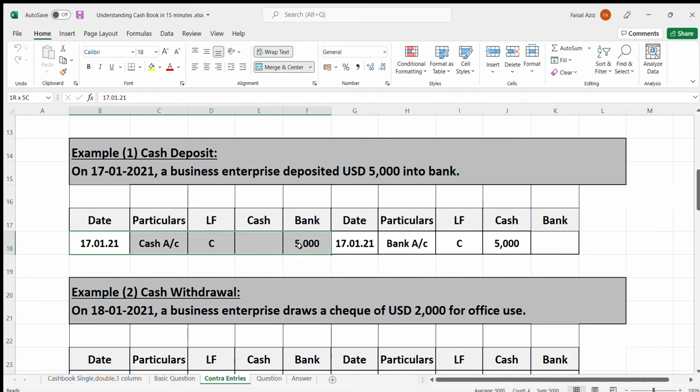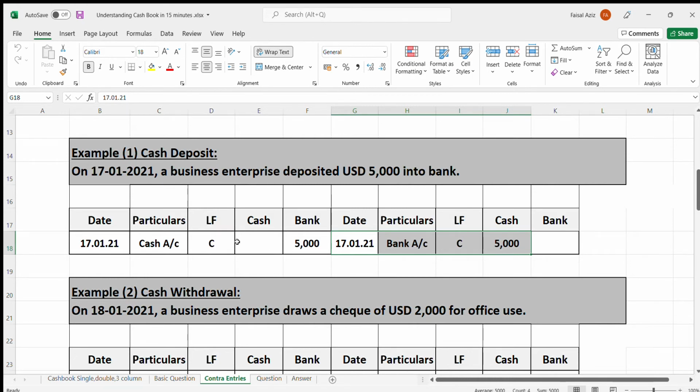At the same time, on the same date, we will have to mention that the cash which was with the company, still it is with the company, but it was kept as cash. Now it is not held in hand, now it is in the bank. So we need to mention here on the right side that the cash has gone out and now you can find this cash in the bank.